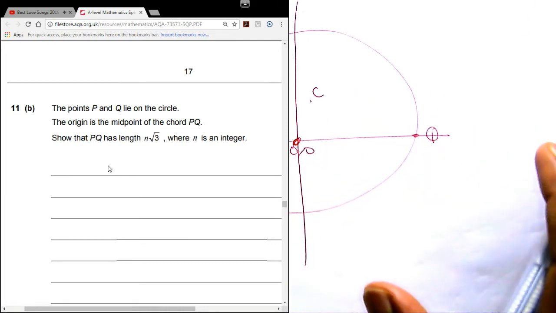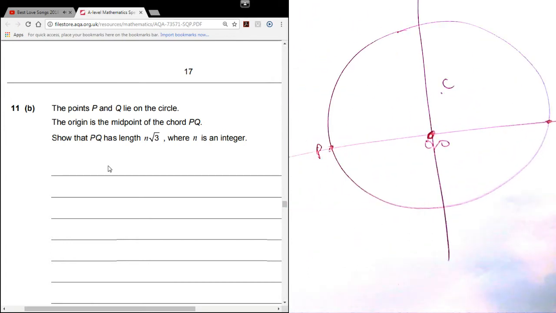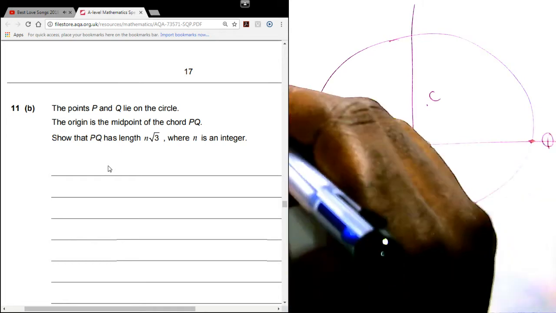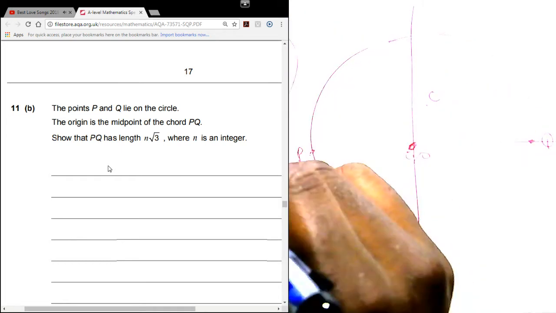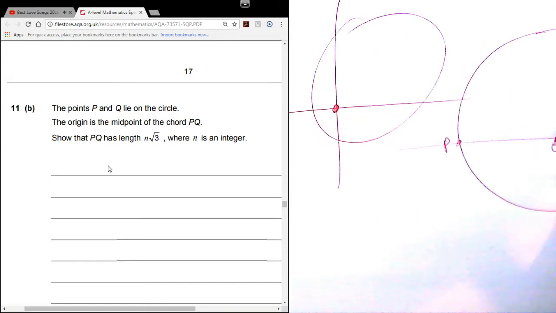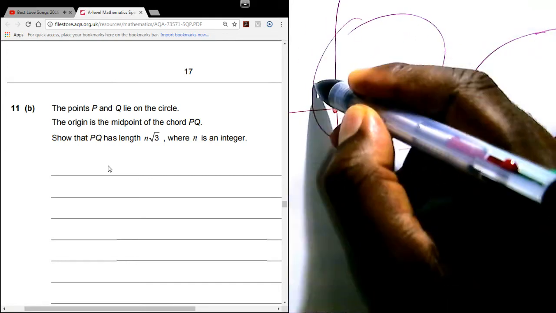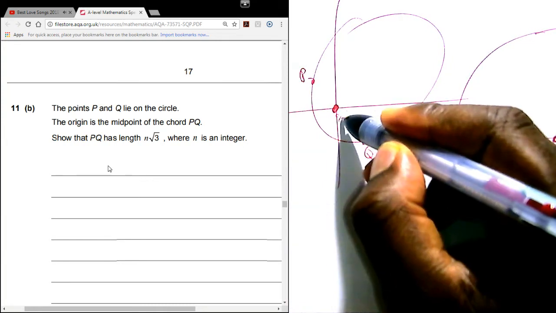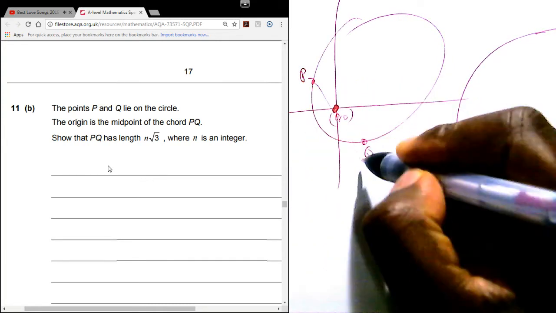Ignore my drawing. Sorry, I think I wasn't showing you everything. Ignore my drawing, okay? The point P and Q, this is the origin. The point P and Q could just be 2 points like this, P and Q, where the origin is right in the middle of whatever connects them.